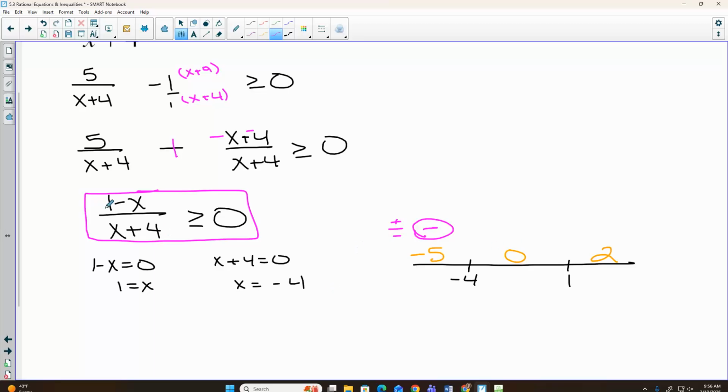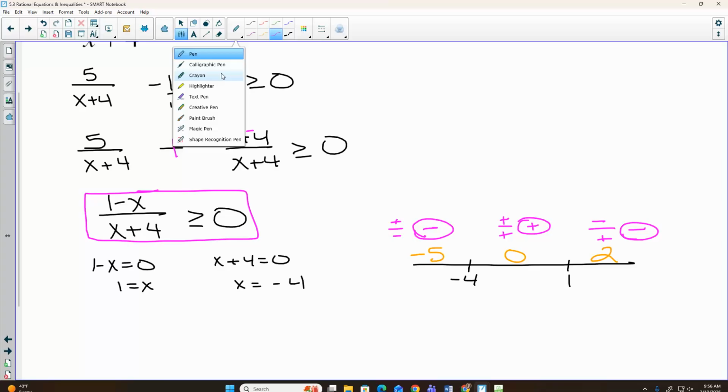If I put in a 0, 1 minus 0 is positive, 0 plus 4 is positive. 2 positives make a positive. If I put in a 2, 1 minus 2 is negative, 2 plus 4 is positive, so that section is negative. Which ones did I want? Positives or negatives?